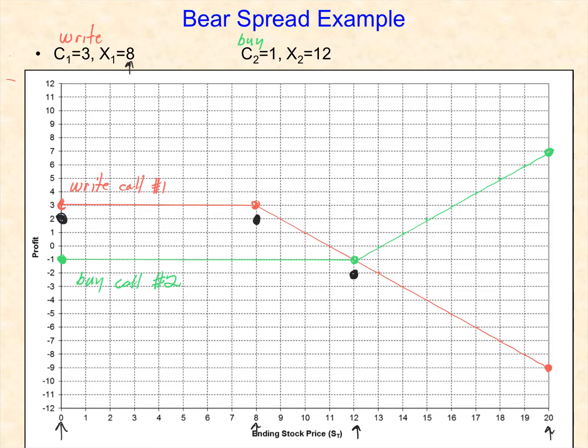Finally, we'll go over to the right-hand side of our chart. We have $7 on the green point and negative 9 on the red point. 7 minus 9 gives us negative 2. We'll be right here. So now we can join our points together.